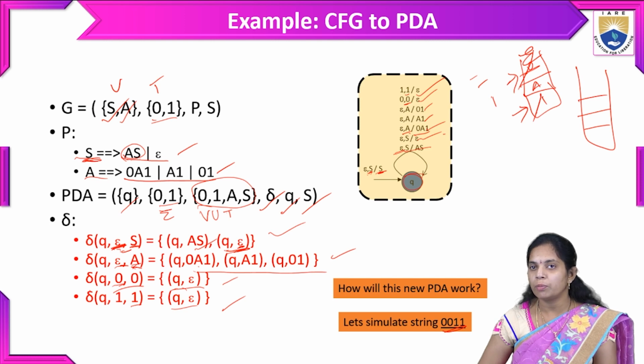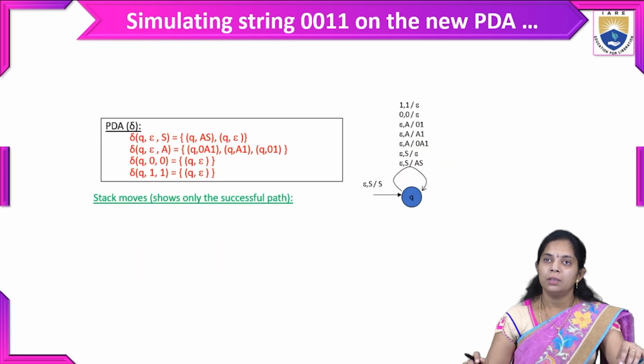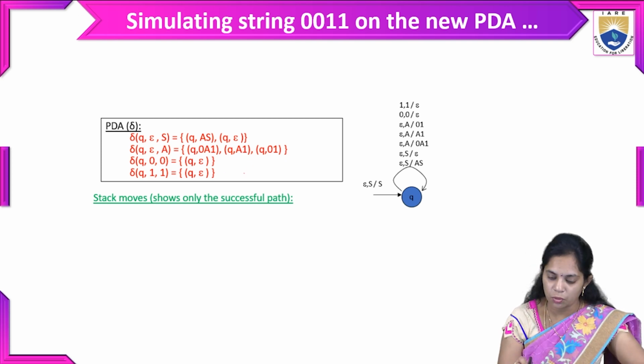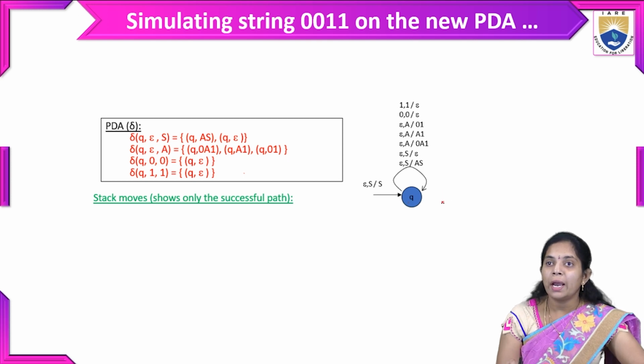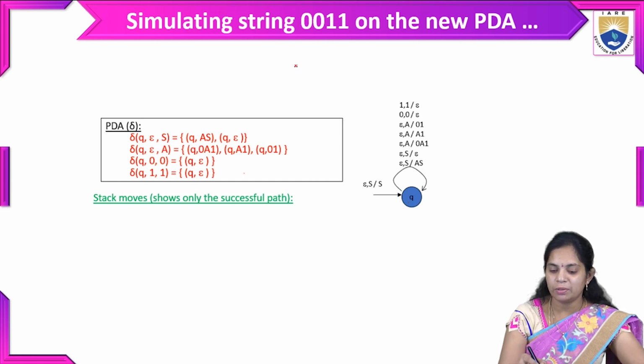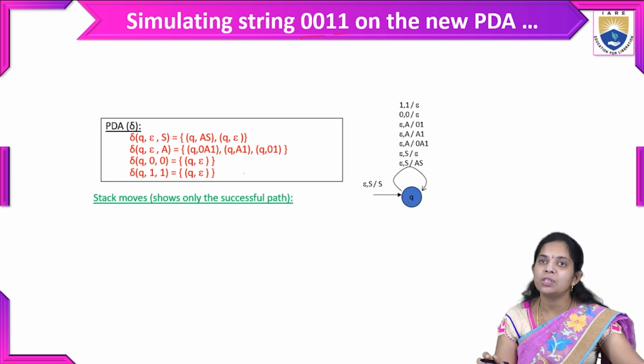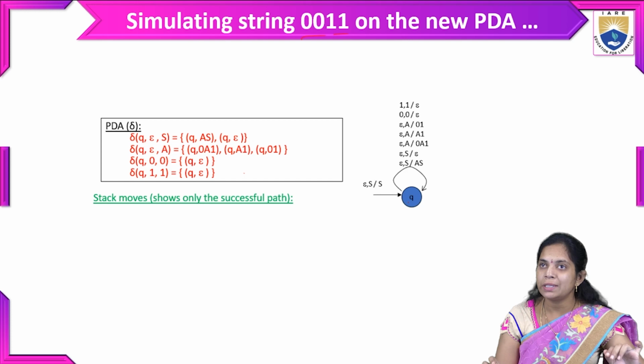Two zeros are followed by two ones. So we have already discussed this conversion of the transition function. Here is the diagram, and we have to take this 0011 string, and the first step is to derive the leftmost derivation using the production rules, to see whether the string is accepted by the given grammar or not.